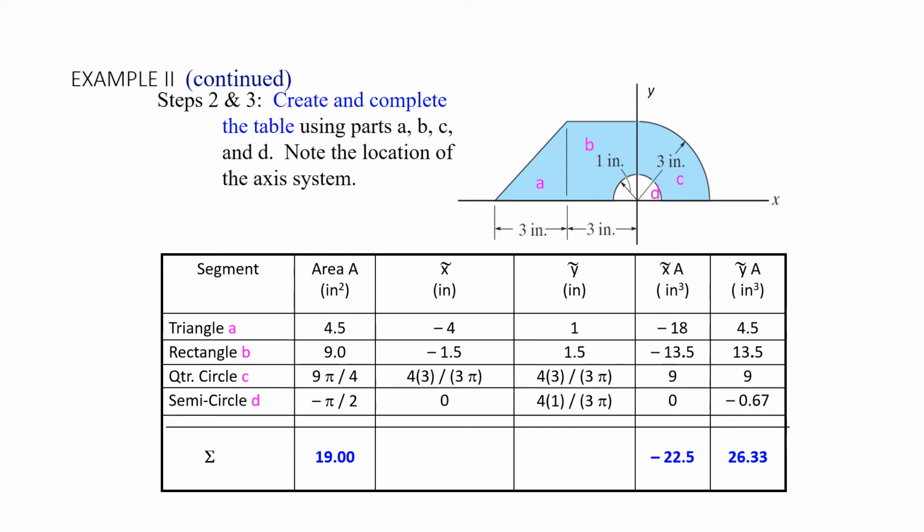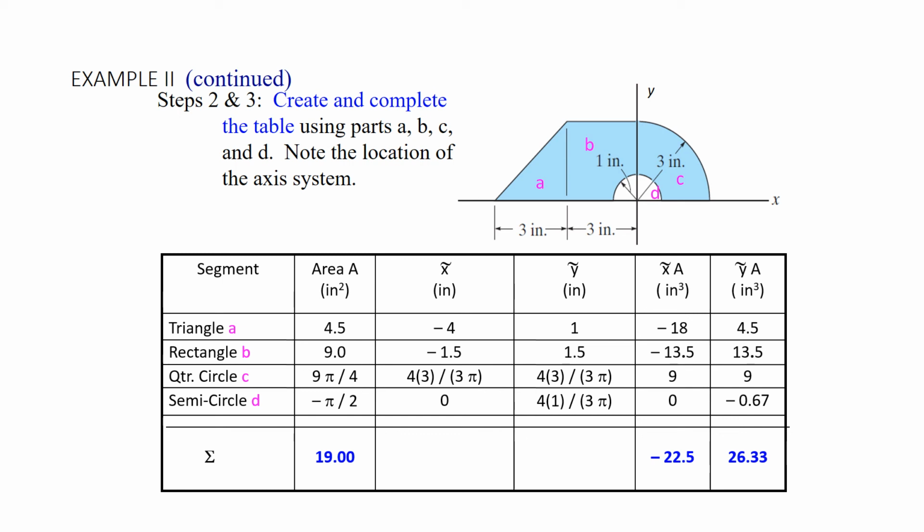So here's our table that results from our calculation of the area, x tilde, which is the distance from the y-axis, y tilde, which is the distance from the x-axis, and then we have the moments x tilde A and y tilde A. And one thing I'd like to point out is you would know the formulas, perhaps except for where to find the centroid of the quarter circle and the semicircle.